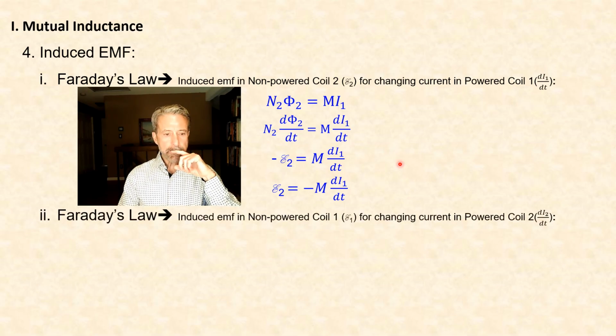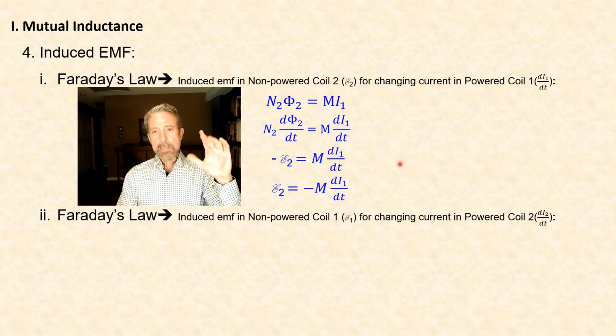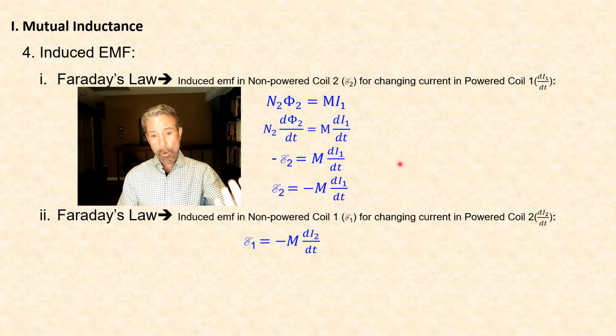As we said, since it makes no difference which of these two coils is the powered one, whether it's coil 1 or coil 2, we can equally say that the induced EMF in the other coil, let's say coil 1, is equal to this proportionality constant times the time rate of change of the current in the other coil, in this case coil 2.